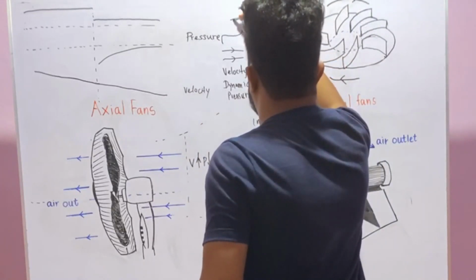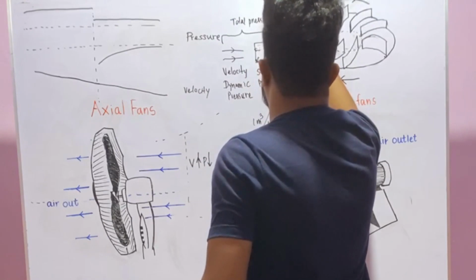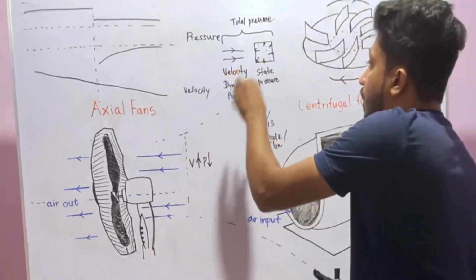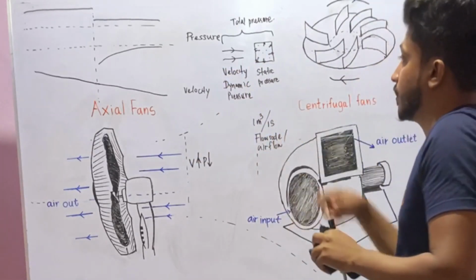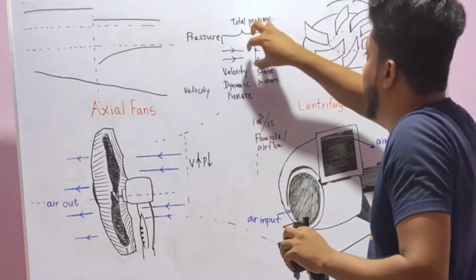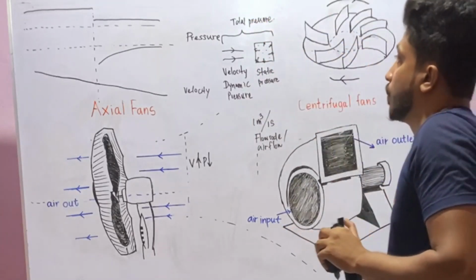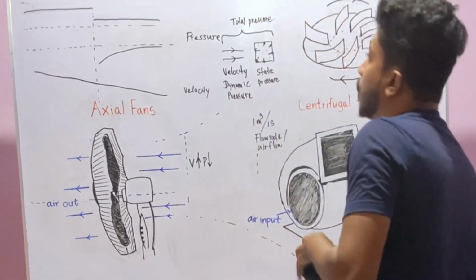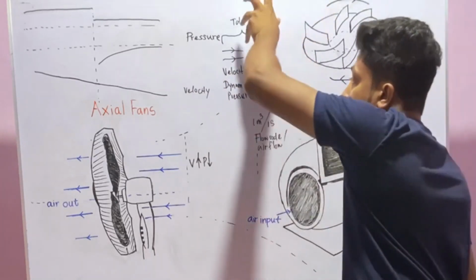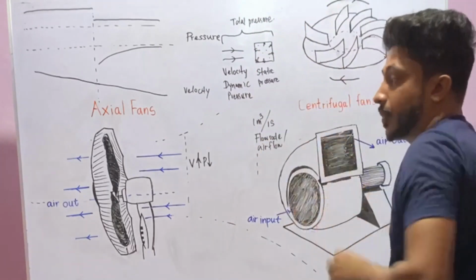There is dynamic pressure due to the motion, and there is static pressure which does not move in a direction. There is no directional flow here. So the total energy has two components, dynamic pressure and static pressure.